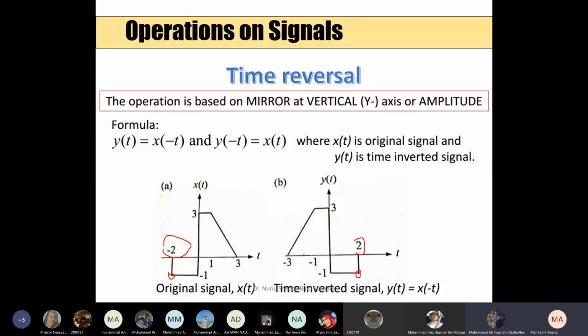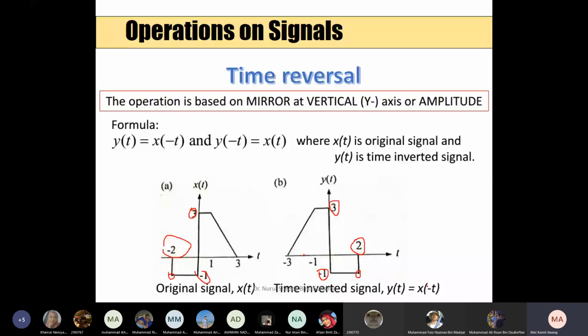So t is 2. At x equal to 0, it is the same as y of 0. So this value stays. This value stays.